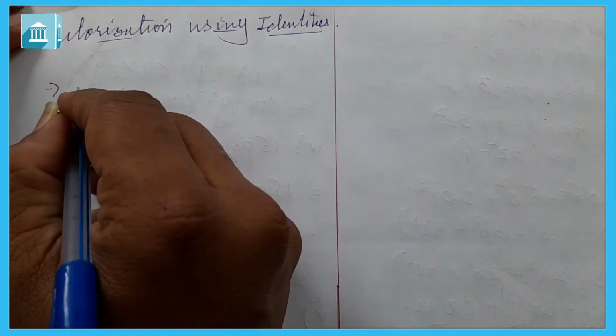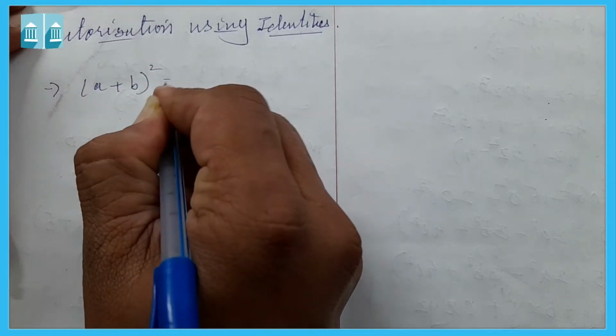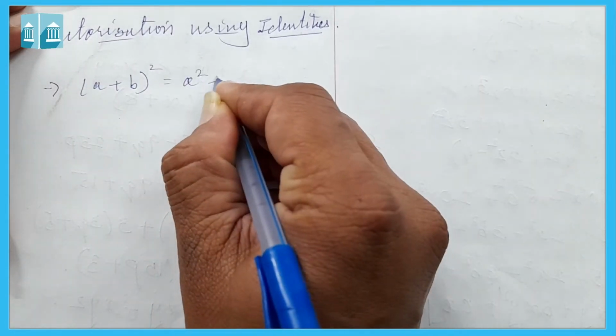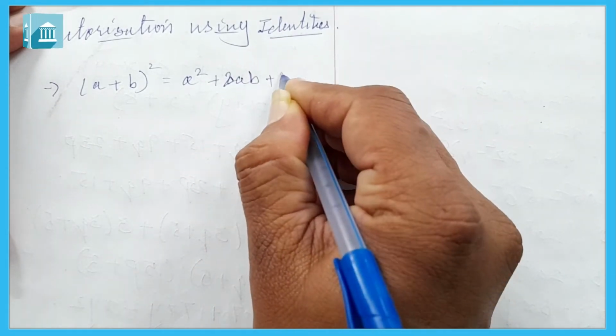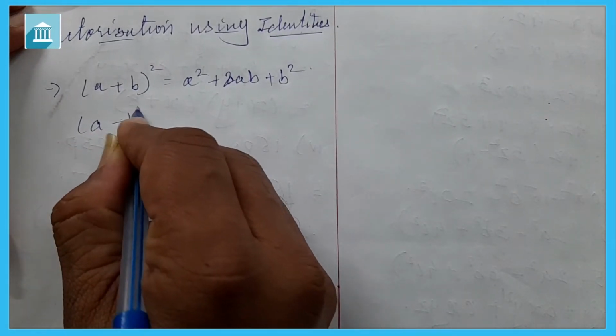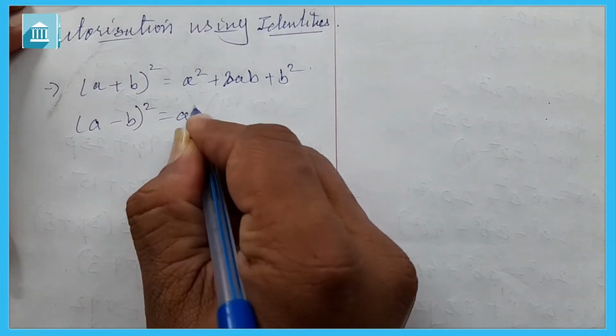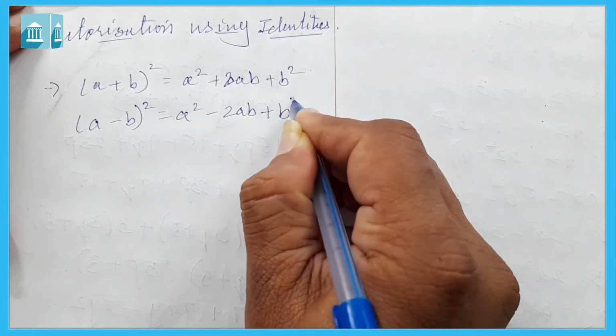The same four identities are: (a plus b) whole square is equal to a square plus 2ab plus b square. The second one is (a minus b) whole square is equal to a square minus 2ab plus b square.